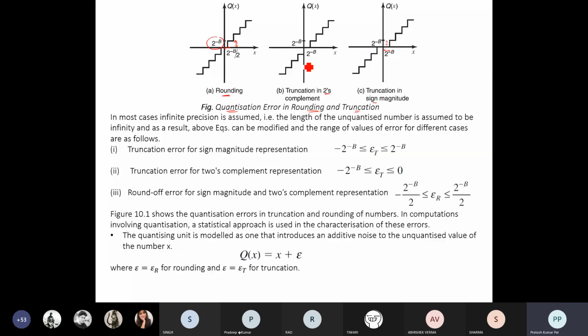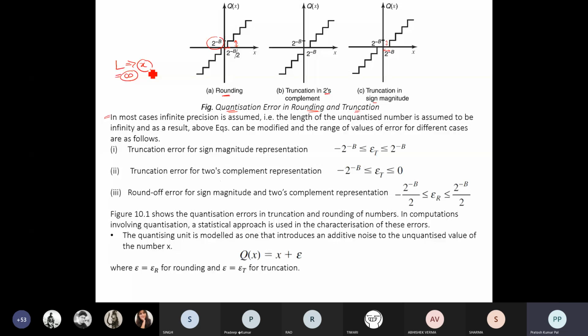So in the previous conditions that we have seen, we assumed the precision is infinite, that means the number of bits in the x representation, x being the number having length L, and this length is infinite.